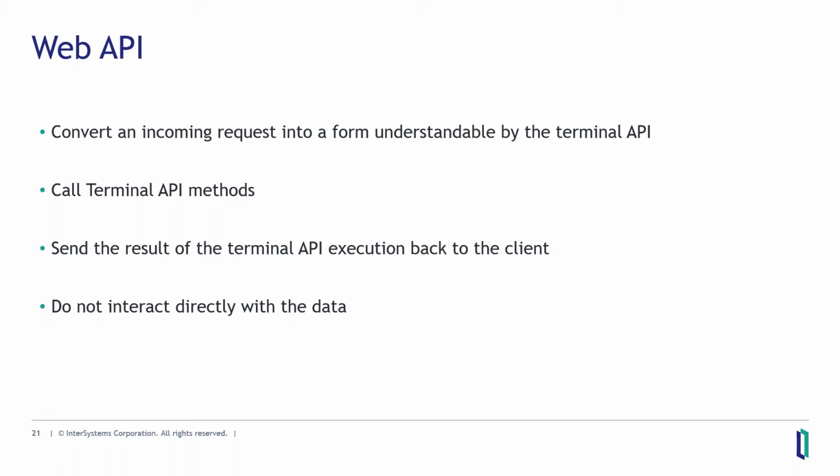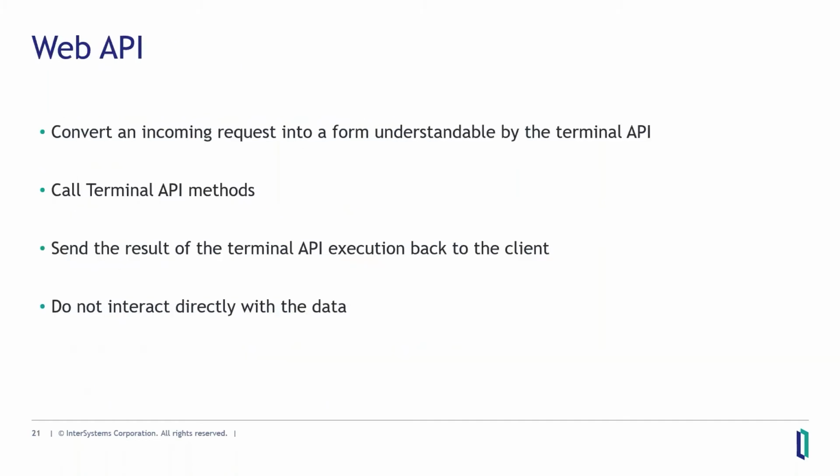So the terminal API performs the request, the actual data retrieval or modification, returns the object and status, and sends the result of this terminal API execution back to a client. And so web API doesn't interact directly with data.